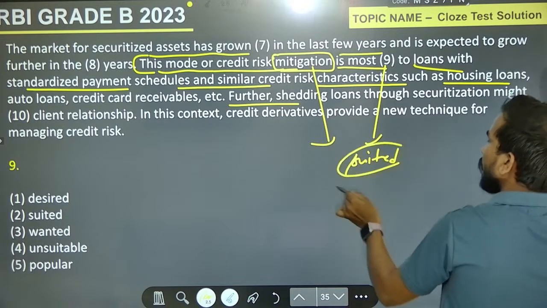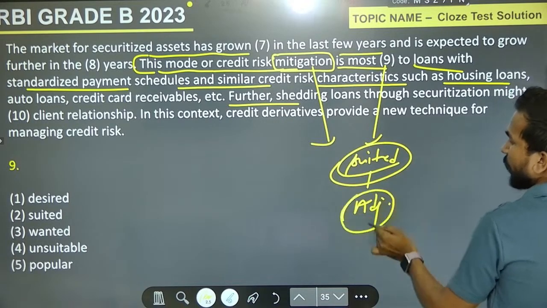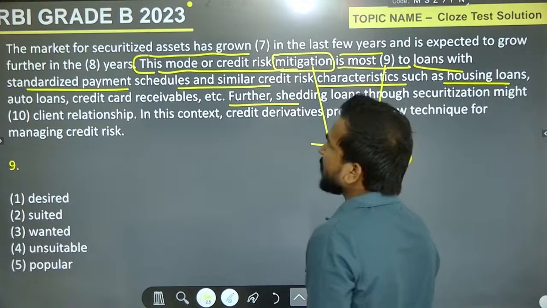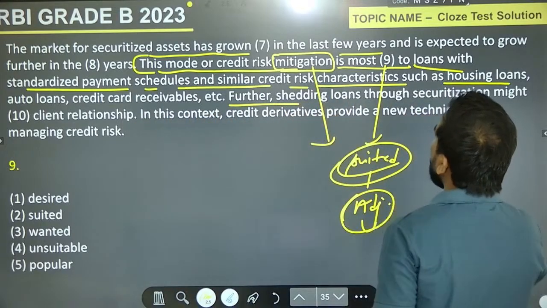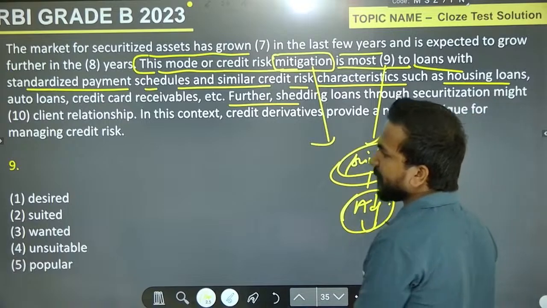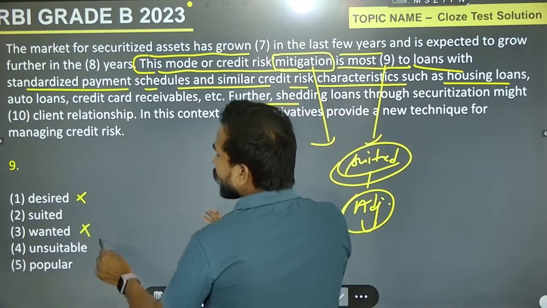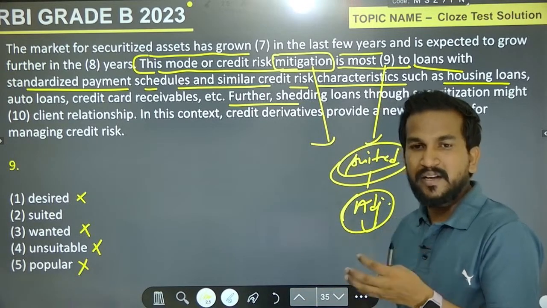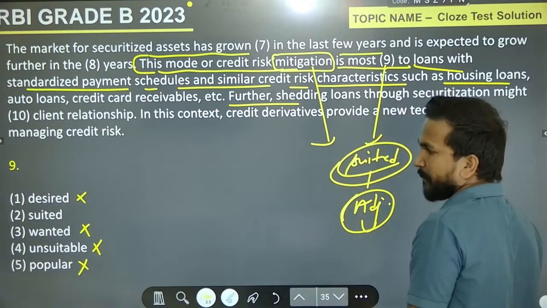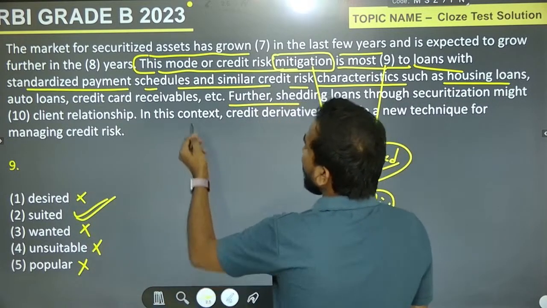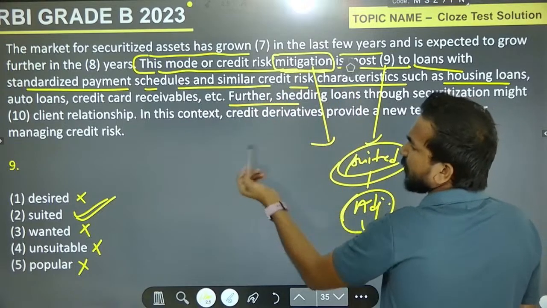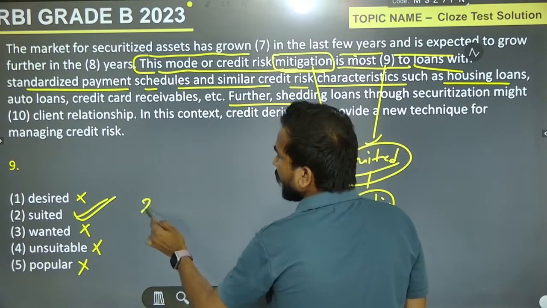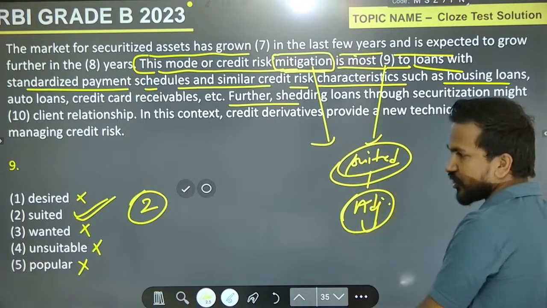Suited is an adjective, actually. The part of speech of suited is adjective. Most suited to loans with standardized payment schedules and similar credit risk characteristics. So it must be desired? No, sir, it is suited. We have sold the assets to mitigate the risk, so something suitable to loans will be the right option according to the sense, and that is second.